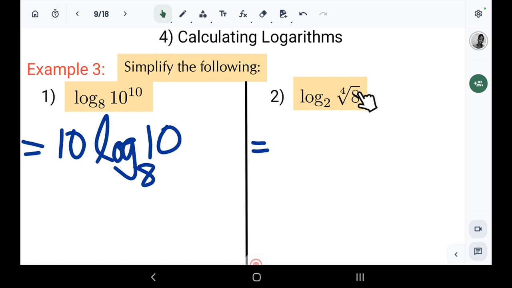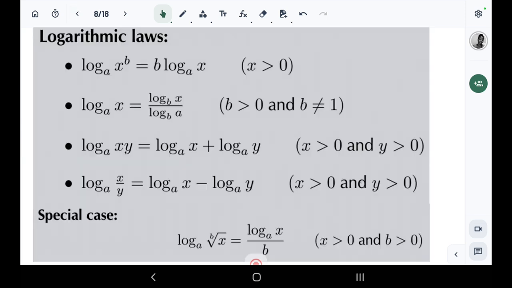And that's it. Next, the log of the fourth root of 8 to the base 2. Now, using this special case, the log of the b-th root of x to the base a is simply equal to the log of x to the base a over b.